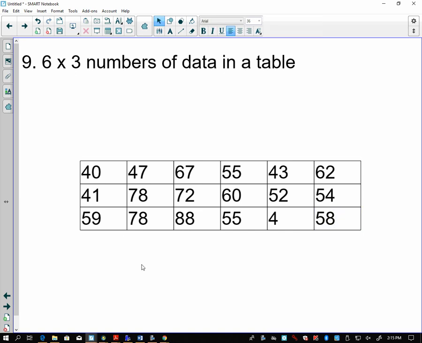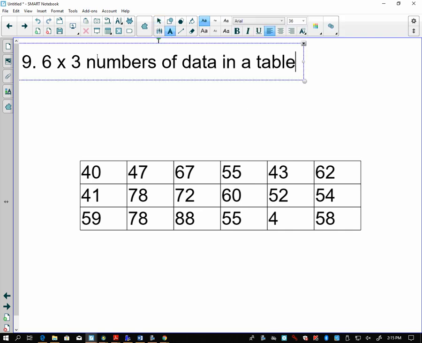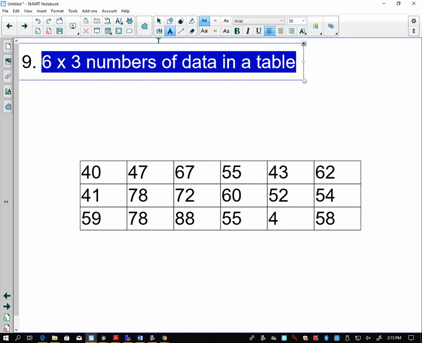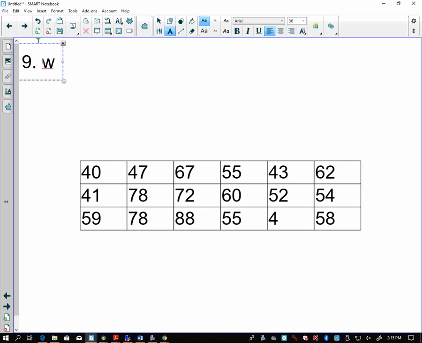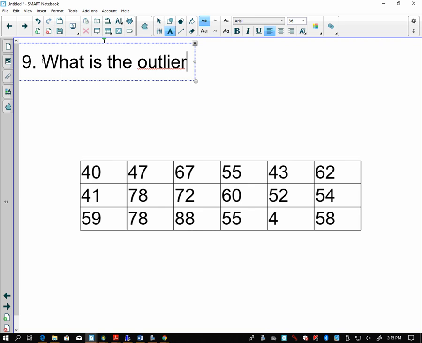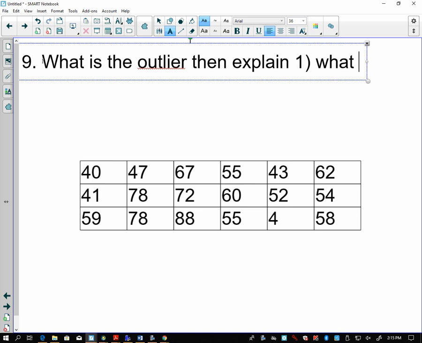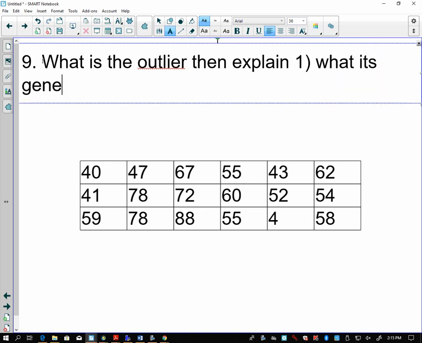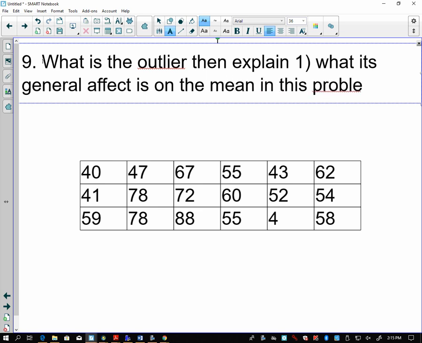Okay, so this question is going to ask this. It's going to say, so you guys know what is going on here. What is the outlier? Then explain what its general effect is on the mean in this problem.